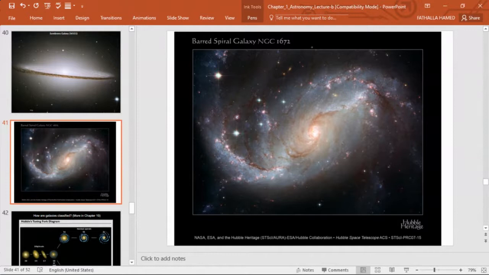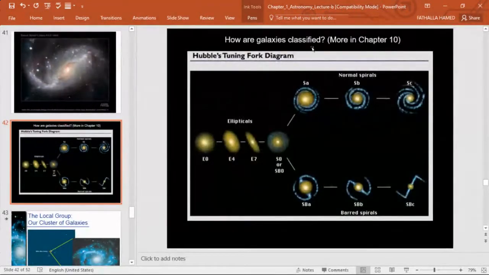So galaxies are not one thing, they are different. They have different shapes, different sizes, and so on. And in chapter 10, we will talk about what we call the tuning fork diagram, just to show you the differences or the relation between all these different types of galaxies.